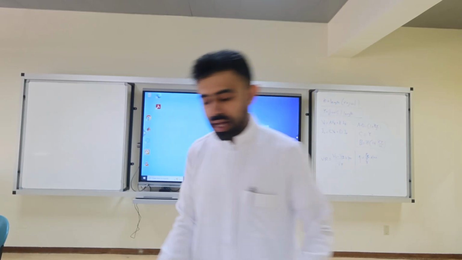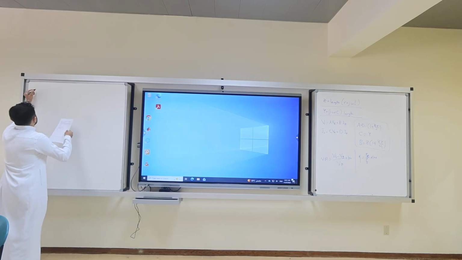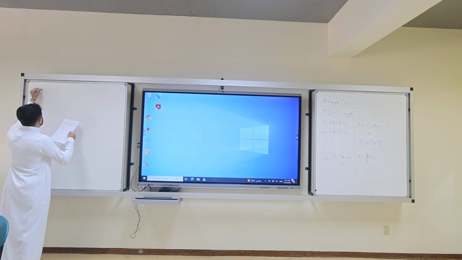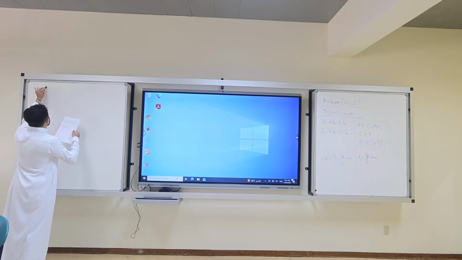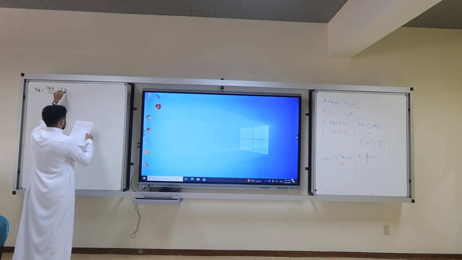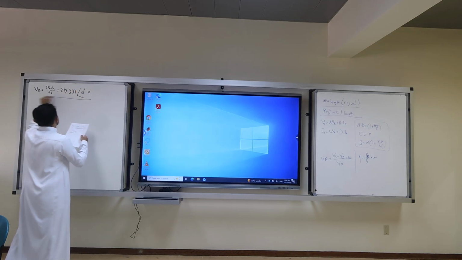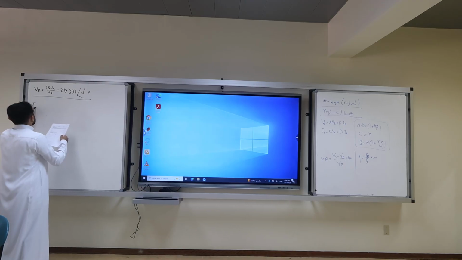So what the quiz is saying is we have, what is VR? VR is 380 kilo over square root of 3, which is 219,393 angle 0 volt. What is IR?